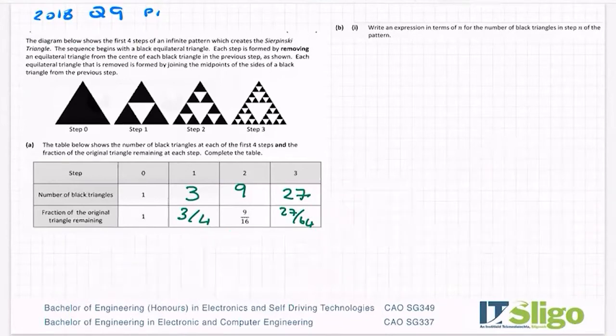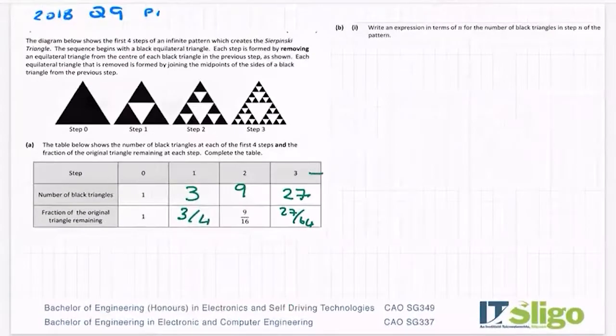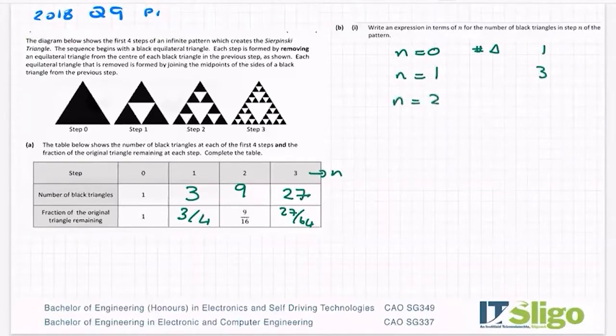Right, so some people are really good at seeing patterns. What you do is you tend to write down your n values. So these would be your n values. So when n was 0, my number of triangles was 1. When n was 1, I had 3. When n was 2, I had 9.